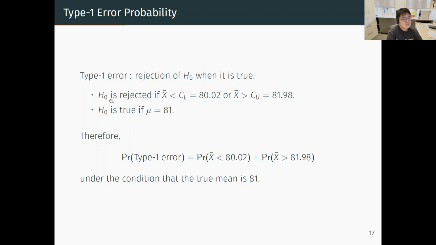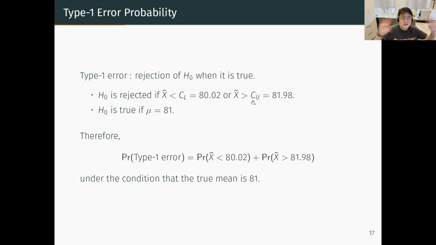But in our analysis, our assumption is that the null hypothesis is true. So first, that fixes the mean. The true mean is 81. Your hypothesis is true, but you had to reject it. You rejected it because the realized sample average is less than the lower critical value or greater than the upper critical value.